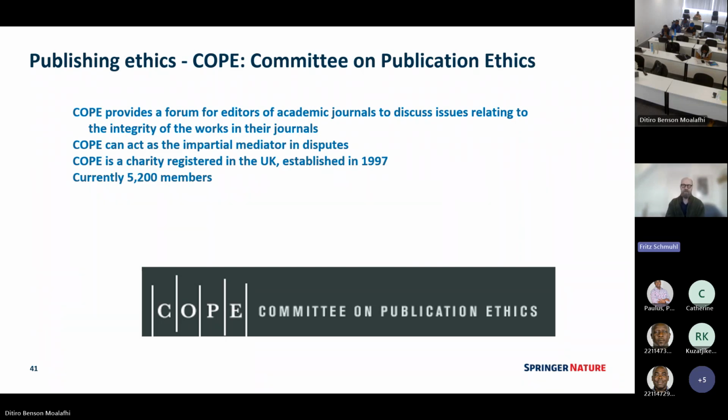COPE, very importantly, also functions as an impartial mediator in disputes. If there's a dispute between you as an author and us as a publisher that we can't get to a good resolve, then you can go to COPE, and they will work as an independent adjudicator to mediate between an author and a journal.